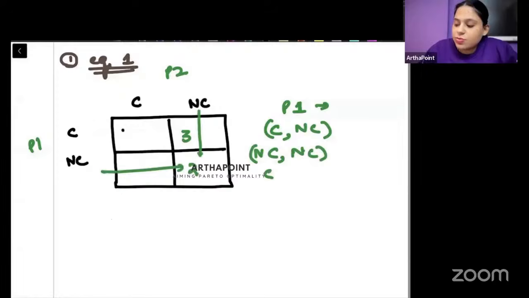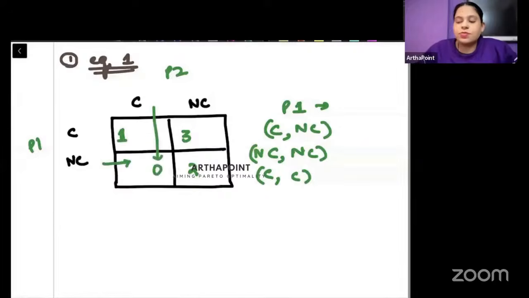The third best is when both commit to crime, so I'm giving this 1. And the fourth best is when he didn't commit to the crime, but the other person committed to the crime and put him in jail, so I'm giving this as 0. The payoff, you can write it in any terms. Instead of writing 3, 2, 1, 0, you could have written 4, 3, 2, 1, it does not matter.